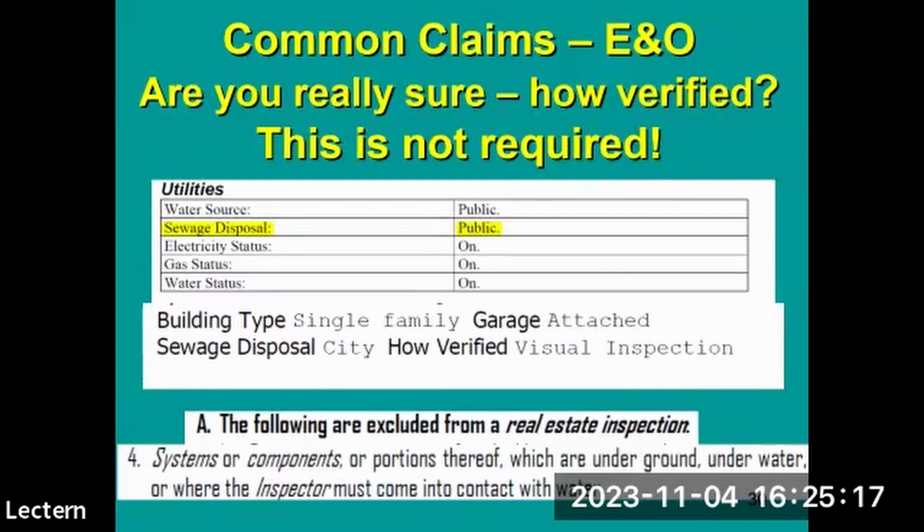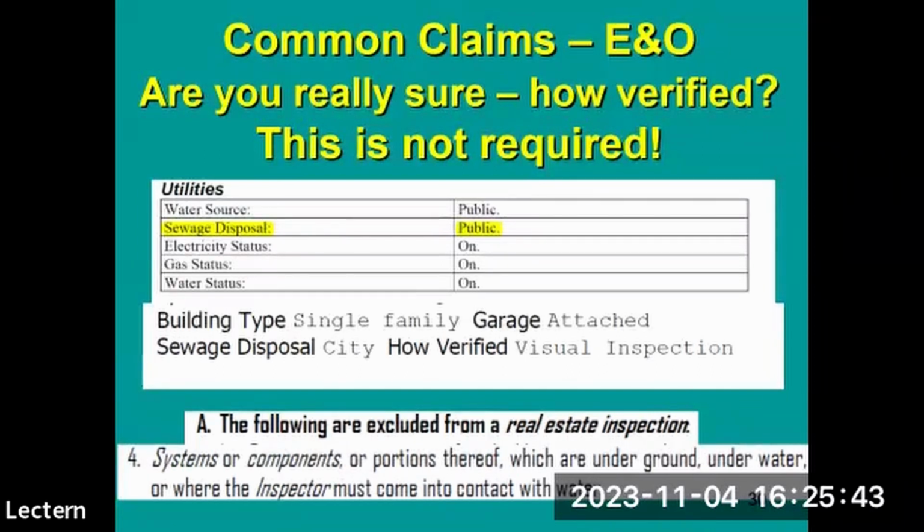And here, in one situation, we worked on a house where the inspector said it was on municipal sewer, and it was. However, building sewer exits the house, enters a septic tank under the driveway, exits the septic tank under the driveway, and connects to the lateral for the city sewer in the street.